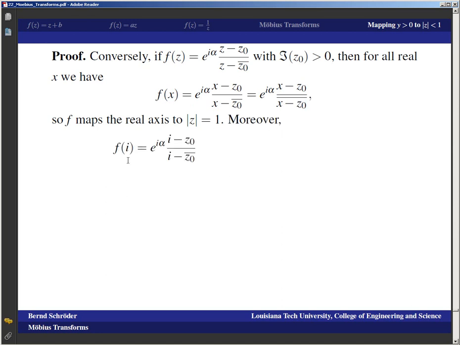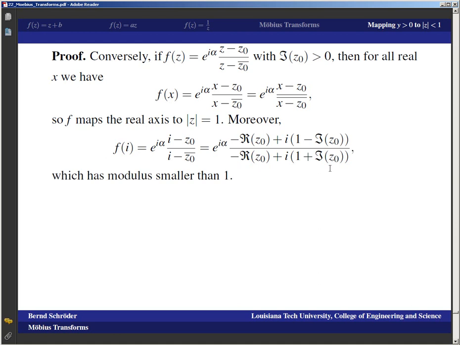And moreover, f(i), which is in the upper half plane, well, that's e^{iα}(i - z0)/(i - z0 bar). Well, that's e^{iα}(-Re z0 + i(1 - Im z0))/(-Re z0 + i(1 + Im z0)).